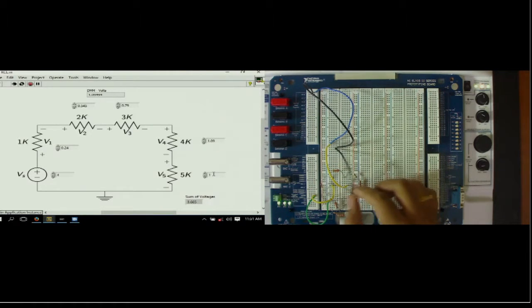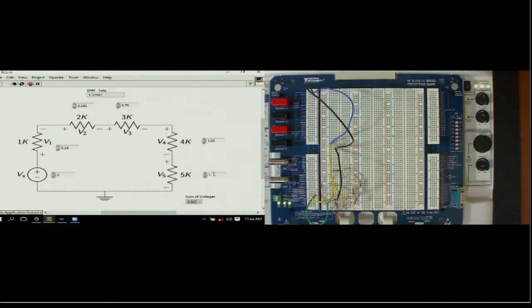And finally, across the 5 kilo ohm, we find it to be 1.3. So if you observe carefully here, we got V1 as 0.24, V2 as 0.545, V3, which is across 3 kilo ohm, as 0.79.